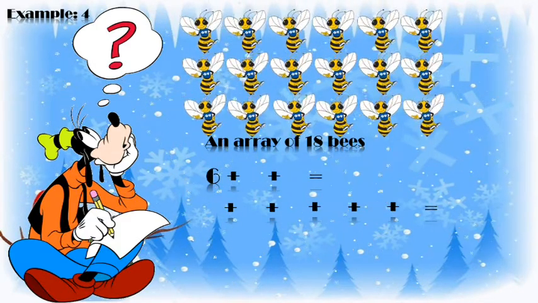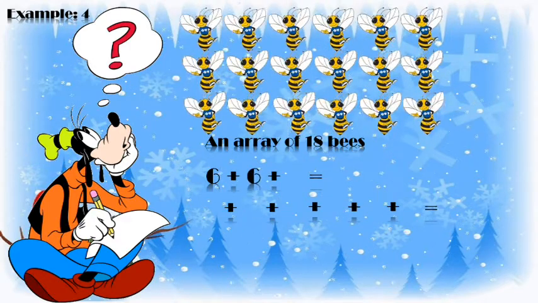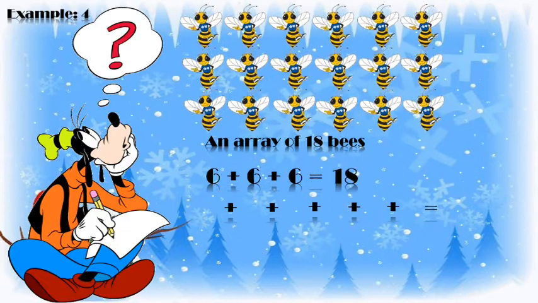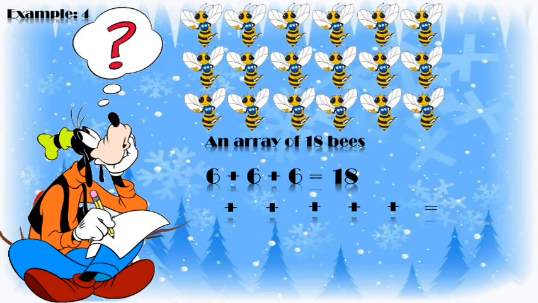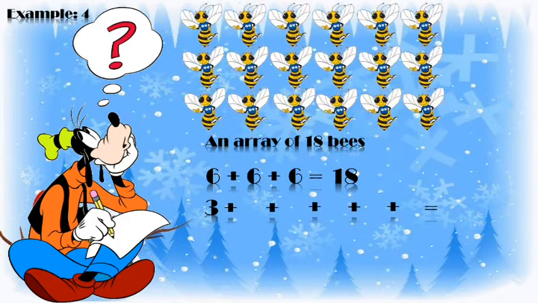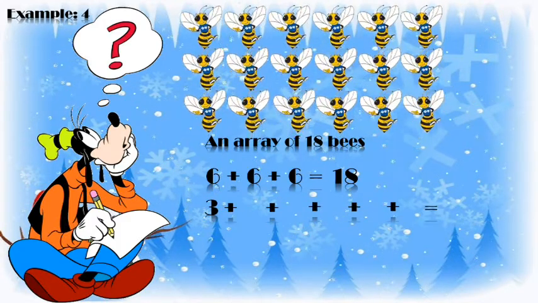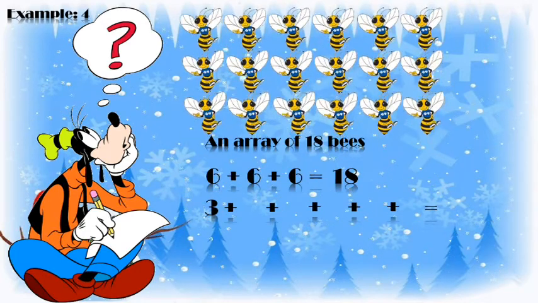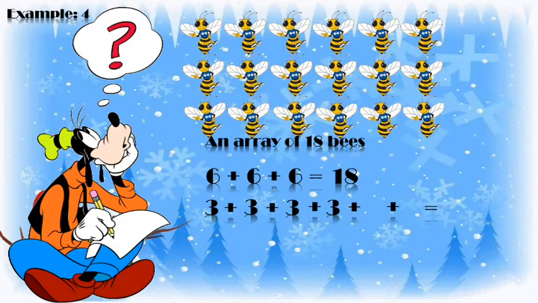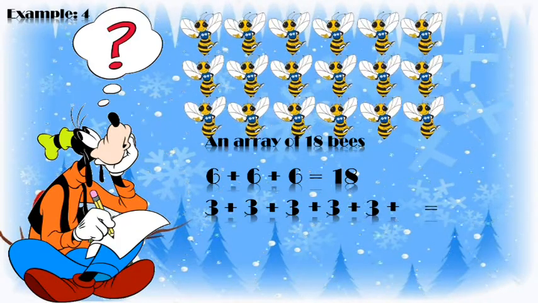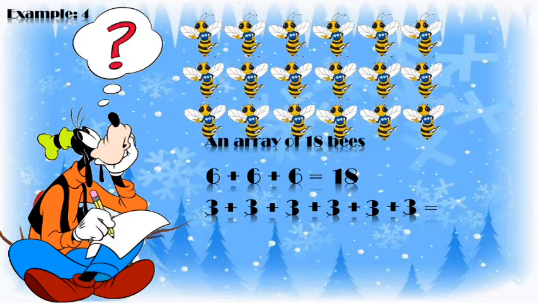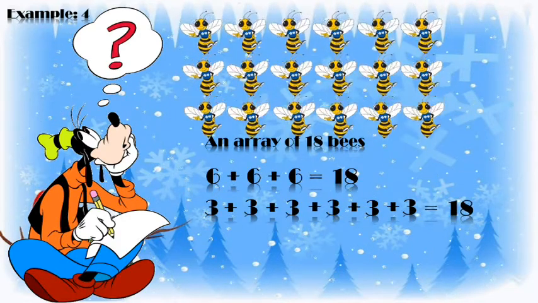First, rows: 6 plus 6 plus 6 is equal to 18. Now columns. How many times do we need to add 3? Yes, 6 times. Right, Goofy? 3 plus 3 plus 3 plus 3 plus 3 plus 3 is equal to 18.